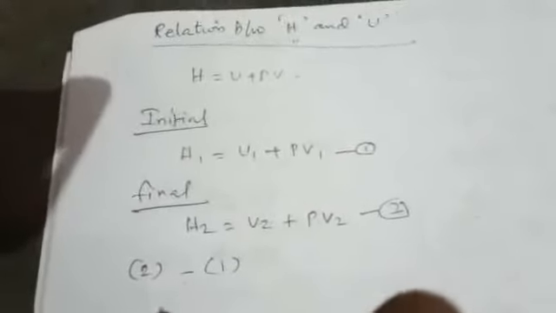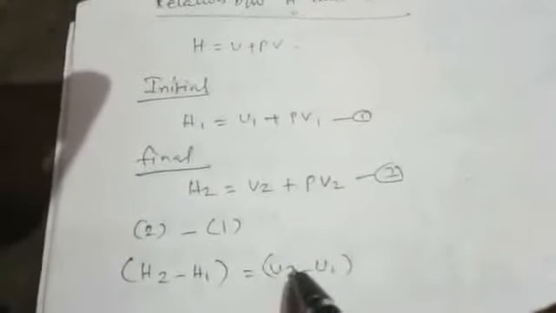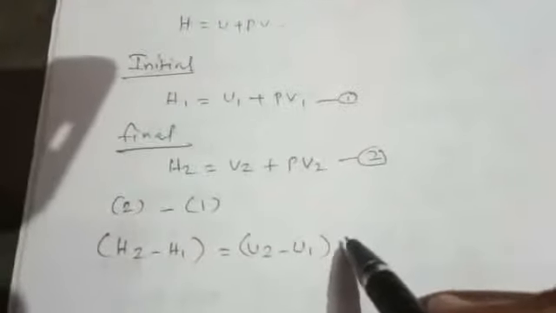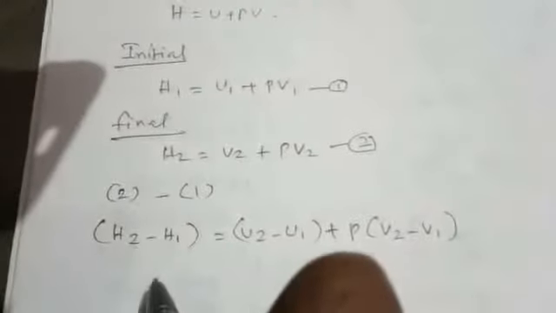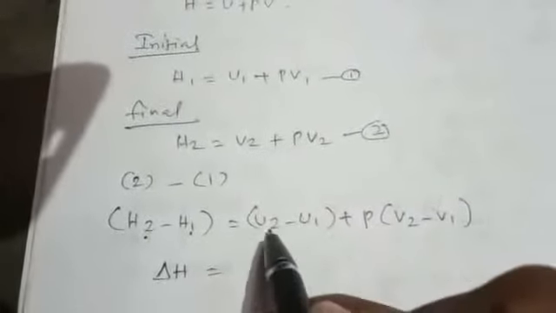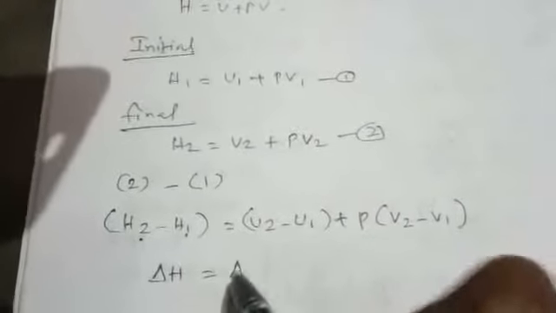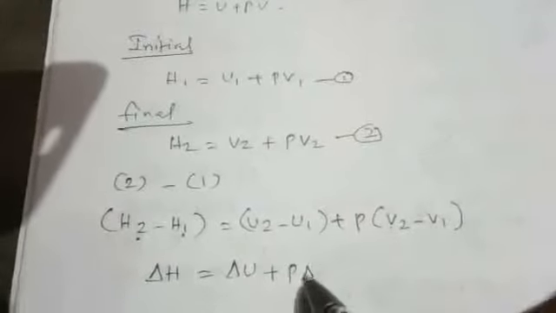Equation 2 minus equation 1: H2 minus H1 equals U2 minus U1 plus P times V2 minus V1. So H2 minus H1 means del H, U2 minus U1 means del U, plus P, V2 minus V1 means del V.